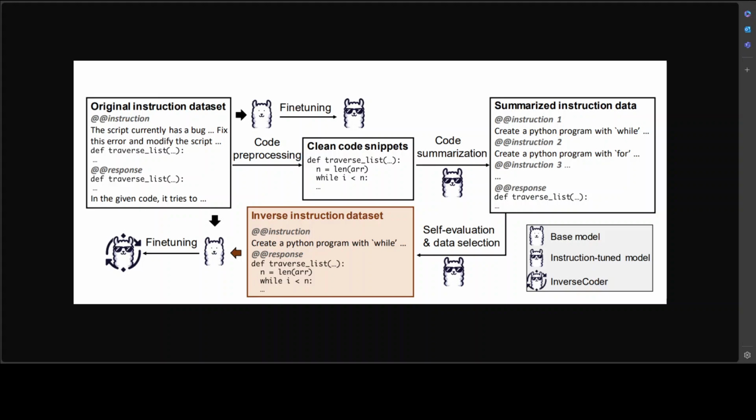So the first observation is that while generating multiple code implementations from the same instruction can often lead to incorrect programs, generating multiple instructions from the same code often results in a diverse set of correct instructions. Secondly, for a fine-tuned code LLM, there is a mismatch in translation ability. Translating codes into instructions is more straightforward than translating instructions into code.